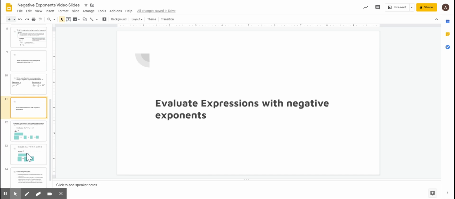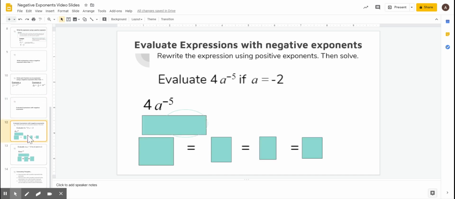All right, and now we're going to evaluate expressions with negative exponents. So we have evaluate 4a to the negative fifth if a equals -2. So we're going to plug in -2 for a, and then rewrite the expression using positive exponents, and then we're going to solve. So we have 4 times -2 to the negative fifth.